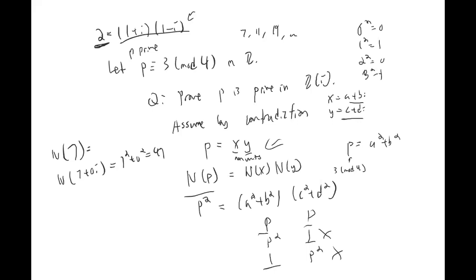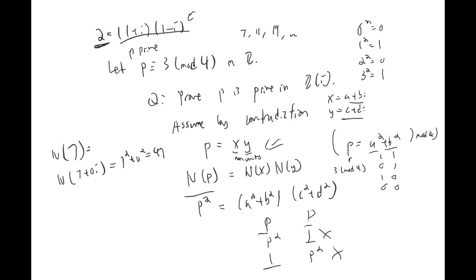So all the squares mod 4 are either 0 or 1. So I could have 1 plus 1, 0 plus 1, 1 plus 0, or 0 plus 0, taking everything mod 4.